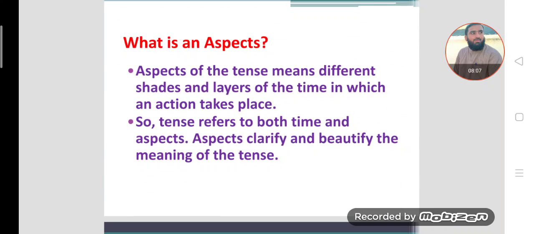Now what is an aspect? Aspects of the tense means different shades or layers of the time in which an action takes place. So tense refers to both time and aspects. Aspects classify, clarify and beautify the meaning of the tense.